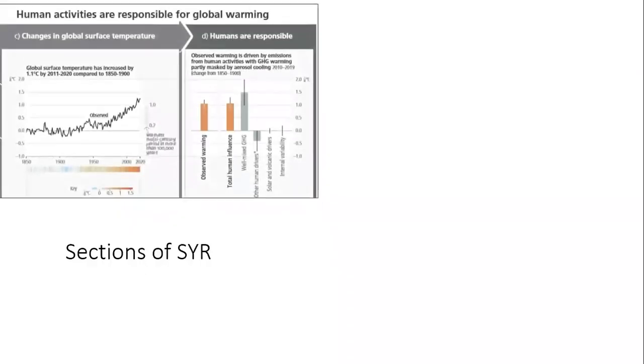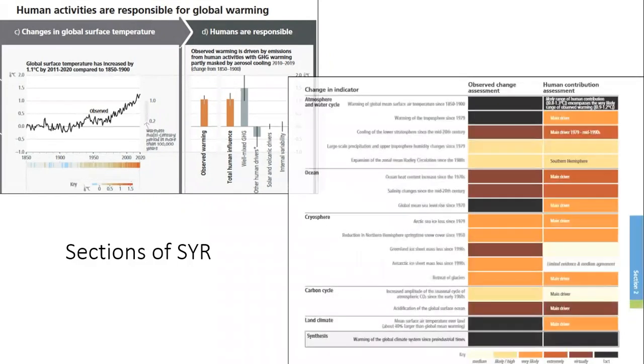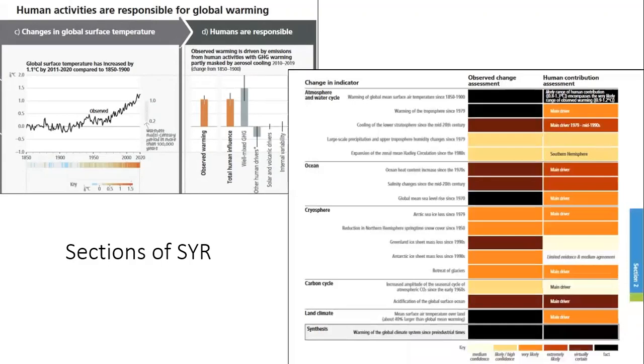The sections of SYR contain more graphs and more data, which talk about how human led activities have been the prime reason behind climate change. This is a really special box which shows, using color coding, the role that human activities have played in certain climate events, like the warming of the global mean surface air temperature.